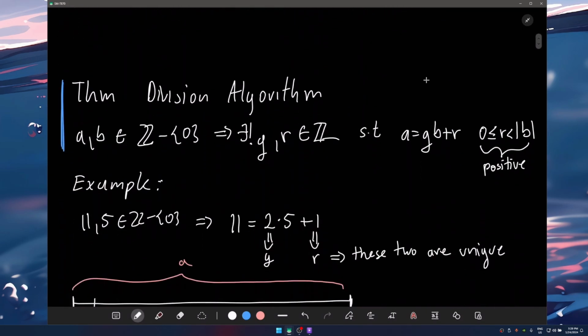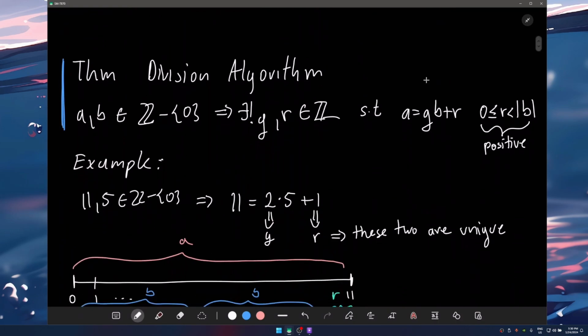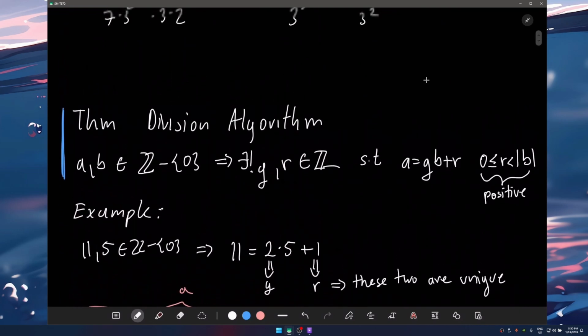And then we need a small theorem, I guess, but it's a small idea: if you take two integers, let's see, 20 and 7, I guess. Okay, 20 is equal to 2 times 7 plus 6, right?